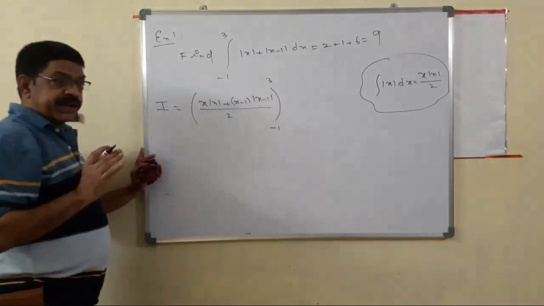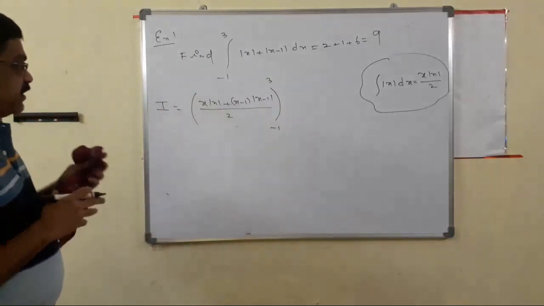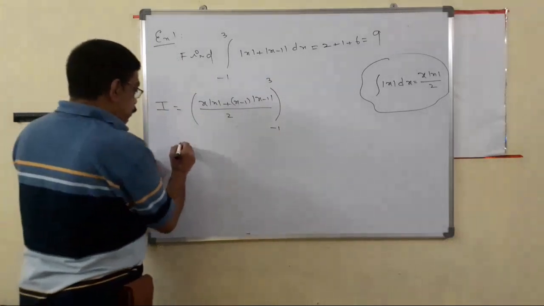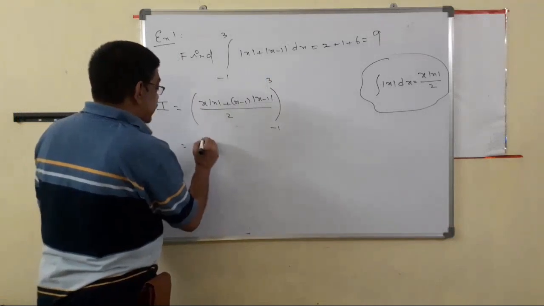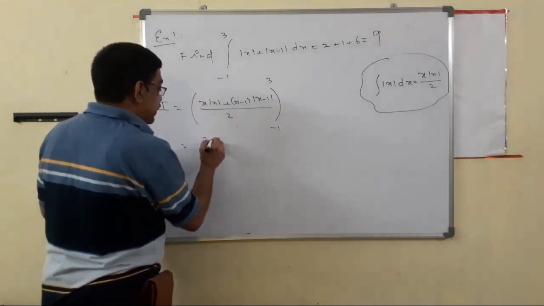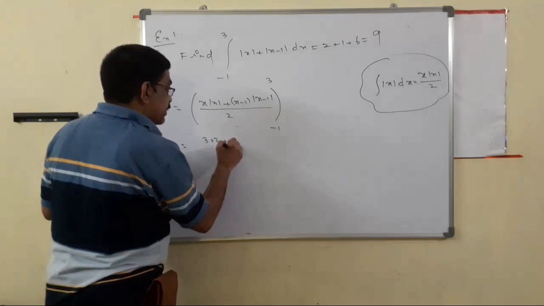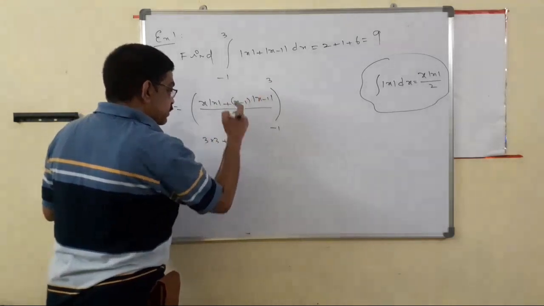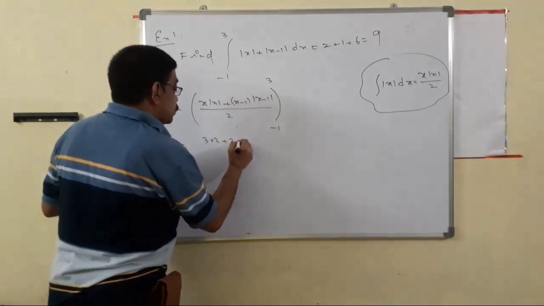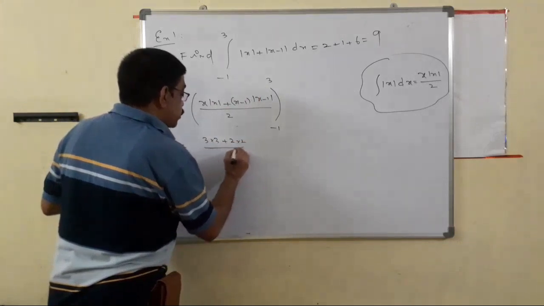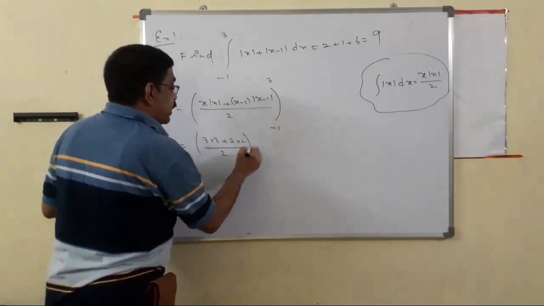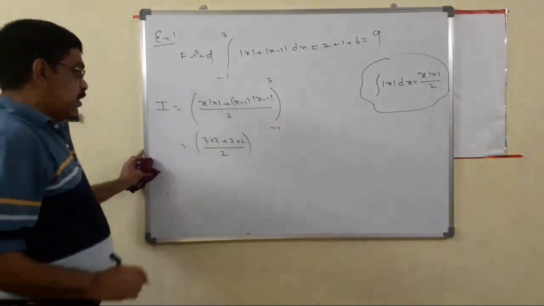No need to split the integrand. Straight away put the upper and lower limits. The upper limit is 3: 3 times mod of 3, which is 3, plus 2 times mod of 2, 3 minus 1 being 2, divided by 2, is the value when I substitute the upper limit.